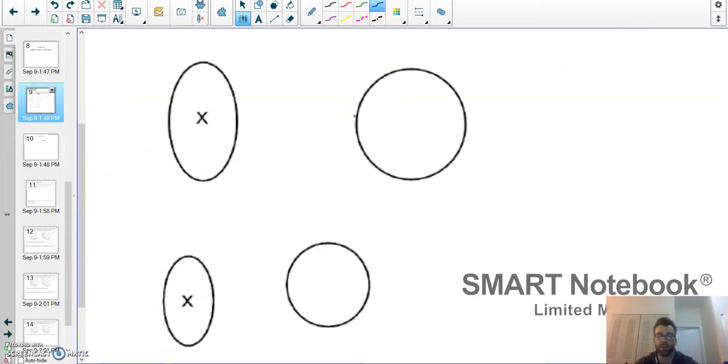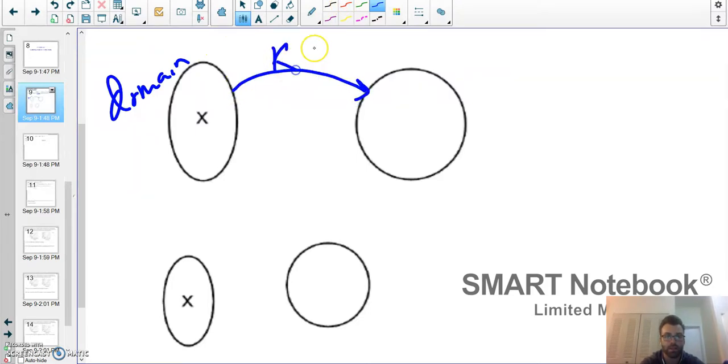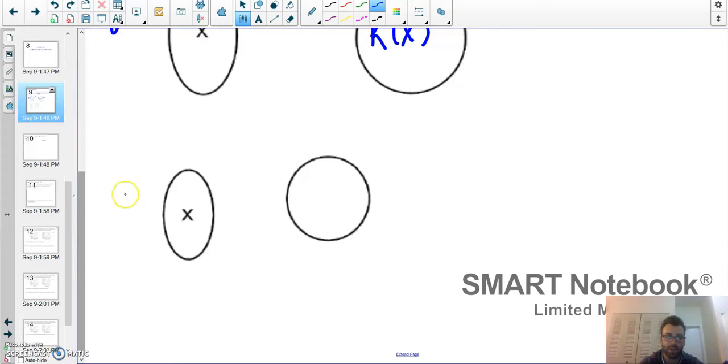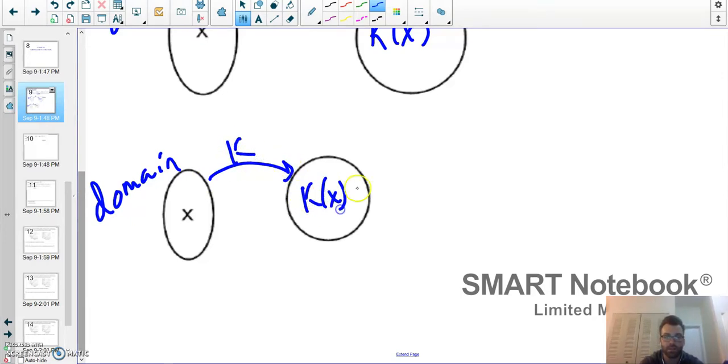If you remember, in the first video we talked about these circles, where I have x, and this is my domain. I apply a function to it, let's say that function is k. Then my result would be k of x, which is my range or my output. Now, similar beginning, still starting with x, applying our function k to it, our result is k of x, which is our range.